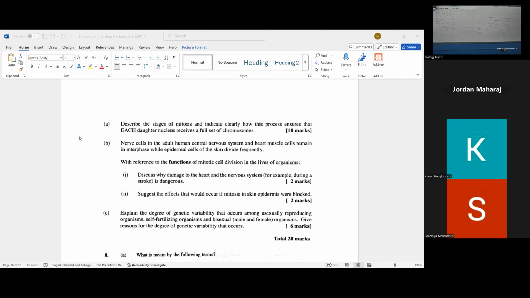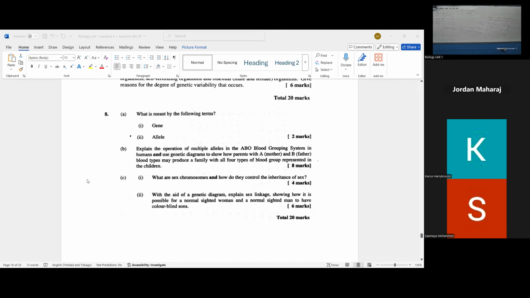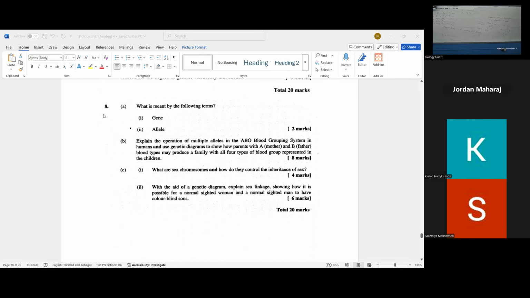Describe the stages of mitosis, sorry, mitosis. We're doing that question, and we'll correct it first thing tomorrow. And then we'll continue. We're doing the one labelled 8 as well.